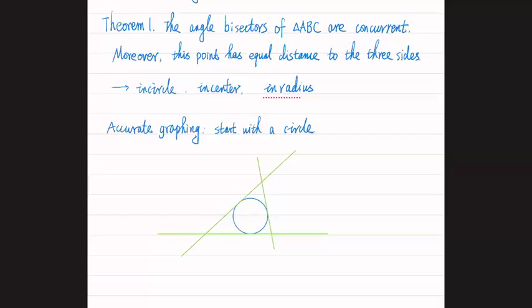Then I mark the 3 intersection points A, B, C. The center. I connect the center with the 3 vertices.